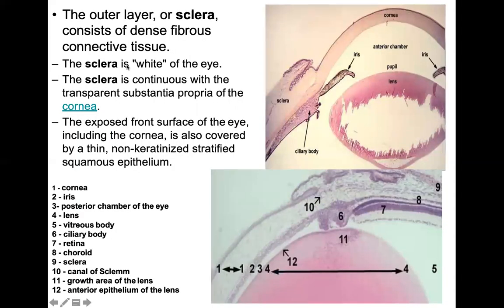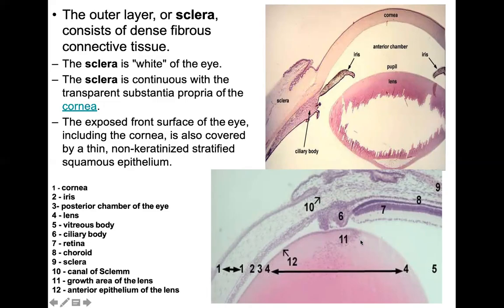So again, the sclera is the white portion of the eye, and it is continuous with the substantia propria or the stroma layer of the cornea. Okay, so the exposed portion of the cornea is also lined by non-keratinized stratified squamous epithelium.